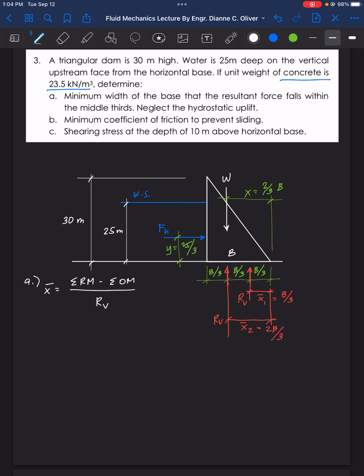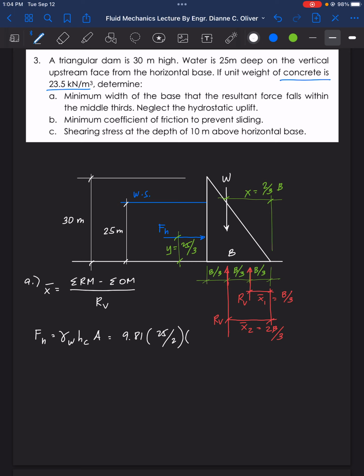Okay, so FH is equal to gamma of water times HC times A. That is equal to 9.81 times HC, which is 1/2 of the depth of the water, 25 divided by 2.